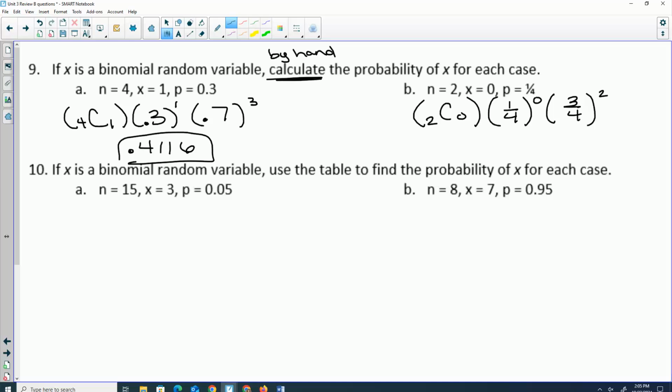If I tell you to do it by hand, then make sure you are writing out your formula so I know that you did it by hand. I'm probably more likely on the test just to give you one that you couldn't look up on the table if I want you to do it by hand, because we know there are some that aren't on there. And so we get 0.5625.